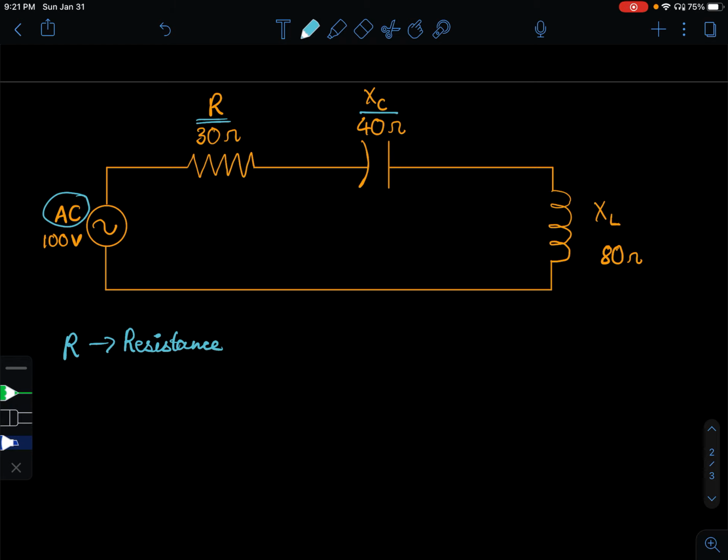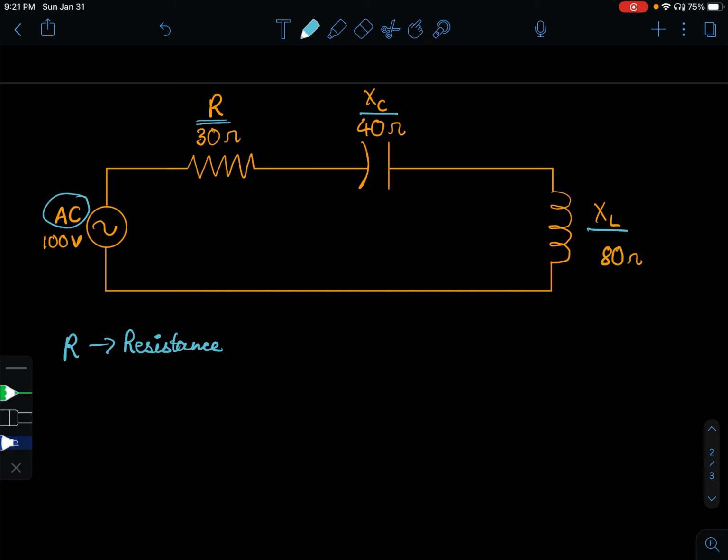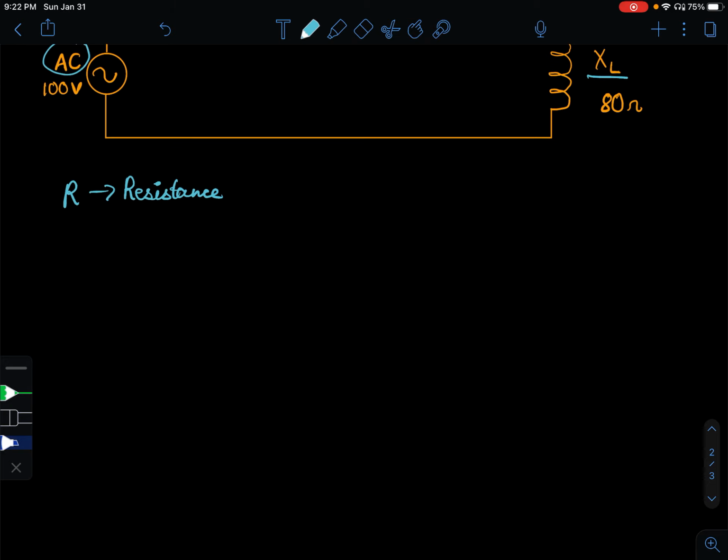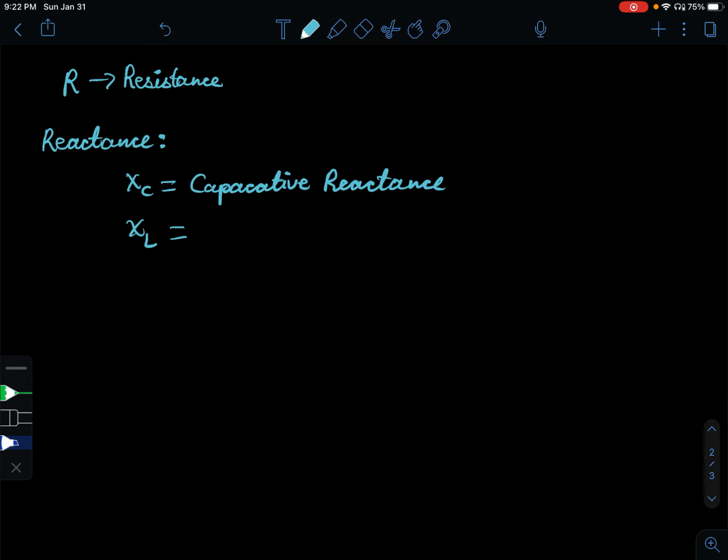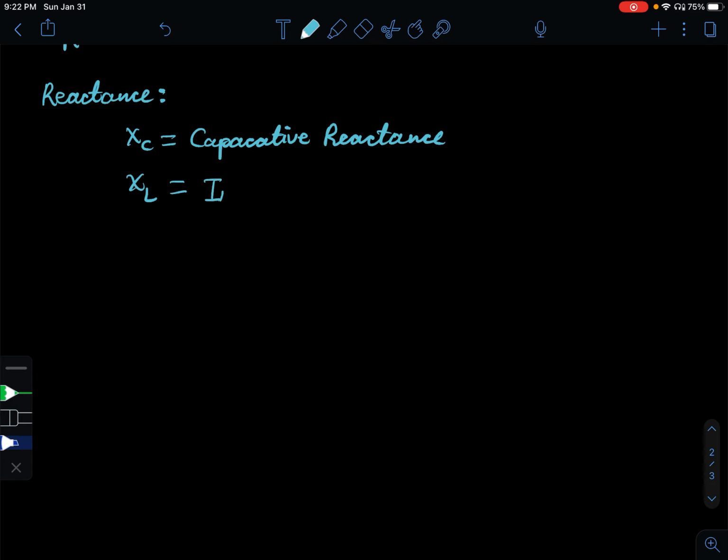XC and XL are the two different types of reactances. XC is the capacitive reactance, and XL is the inductive reactance.